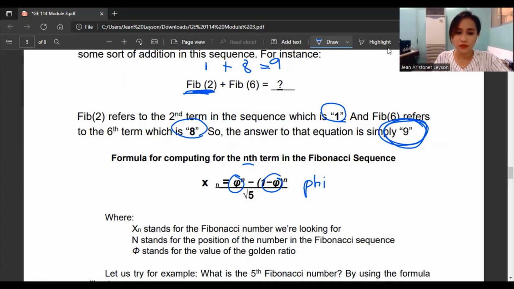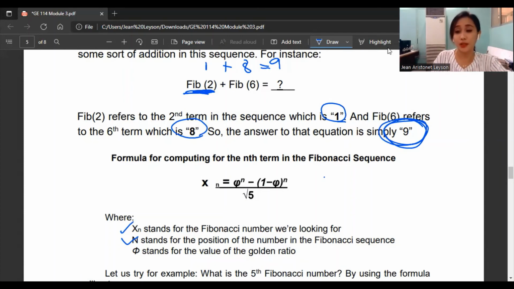So here, x sub n stands for the Fibonacci number we're looking for at a certain term. n stands for the position of the number in the Fibonacci sequence. So for example, if we're looking for the 10th term, then x sub n equals phi raised to 10.